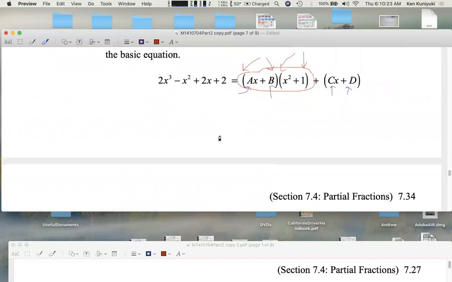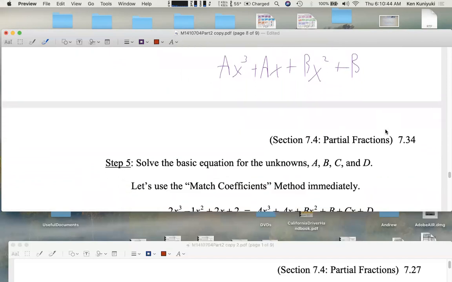ax times x squared is ax cubed. ax times 1 is ax. b times x squared is bx squared. And b times 1 is b. And then you have these guys here. Bring it all together. All right.